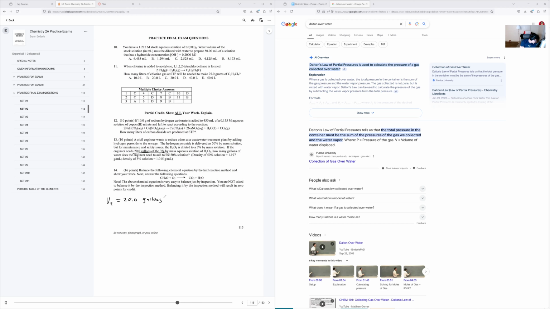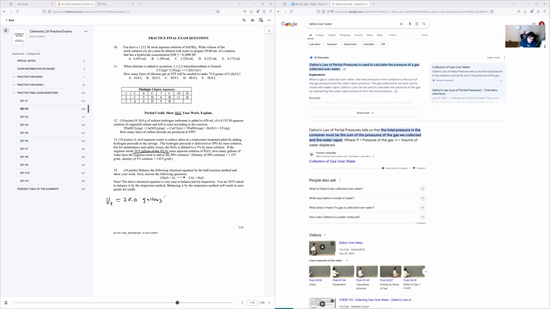I guess that's the only way that makes sense. Yeah, and it makes sense because it's fixed. So the plan here is to figure out how much mass of hydrogen peroxide you have in the 20 gallons of the 3% by mass aqueous solution. Why? If you can figure out how much mass you need of the hydrogen peroxide from the 3% solution, then you can figure out how much of the 50% solution you need.